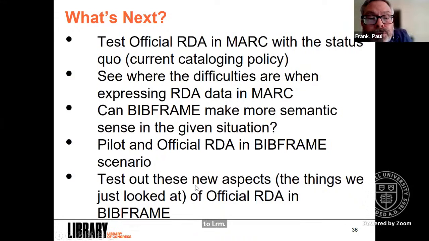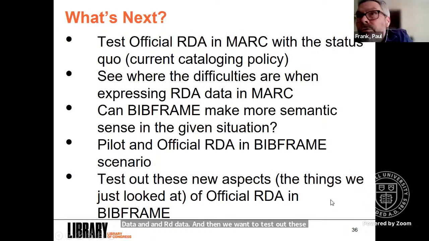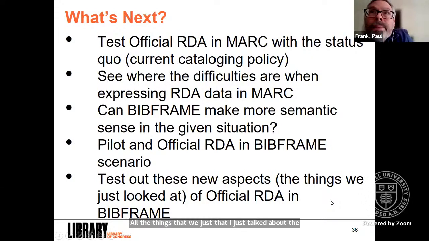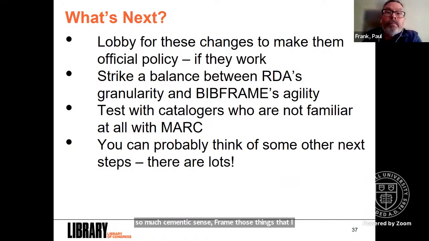And then we want to test out these new aspects, all the things that I just talked about, the aggregates, the translations, representative expression, WEMLOC, and see how those can be implemented in BibFrame. Or in MARC even, but they make so much semantic sense in BibFrame, those things that I just went through.